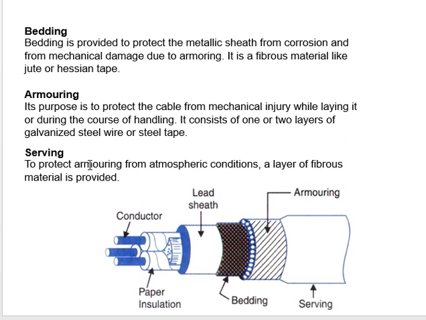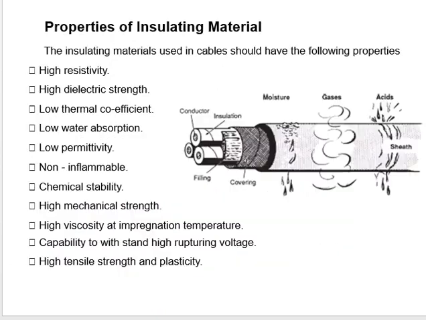Next is serving. Serving protects your cables from atmospheric dangers, meaning chemical reactions, gases and temperatures are prevented from reaching the cable. Now, what are the properties of insulation material?